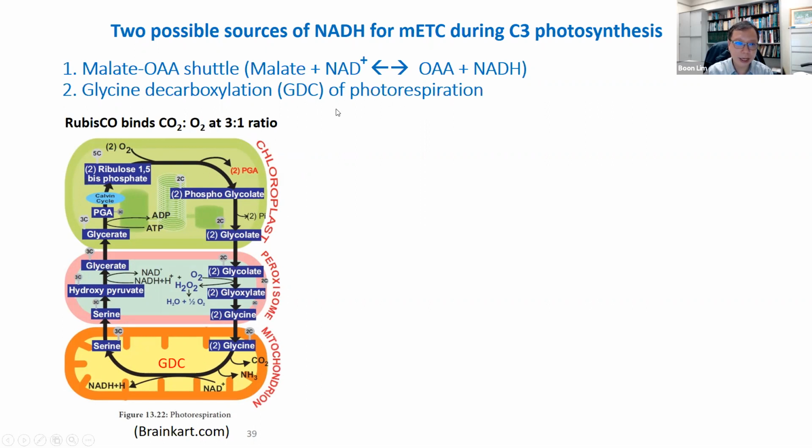Photorespiration is a process that occurs because rubisco in the chloroplast, although it can bind CO2, is not highly specific. Sometimes it will also bind oxygen. The reason is that the concentration of oxygen in the atmosphere is much higher than CO2. So in the air, the ratio of binding CO2 to oxygen by rubisco is 3:1.